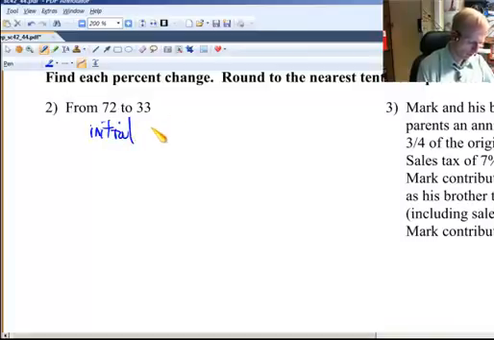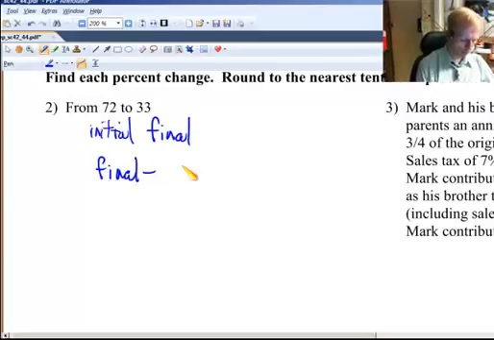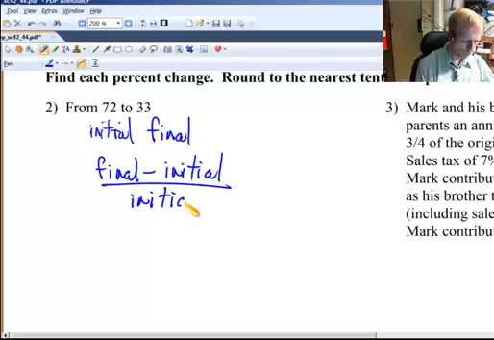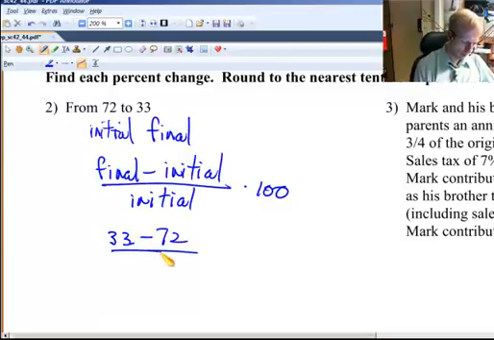So the formula is final minus initial, all over initial, and then times 100. That means I'm going to do 33 minus 72 divided by 33, and then I'm going to multiply that times 100.